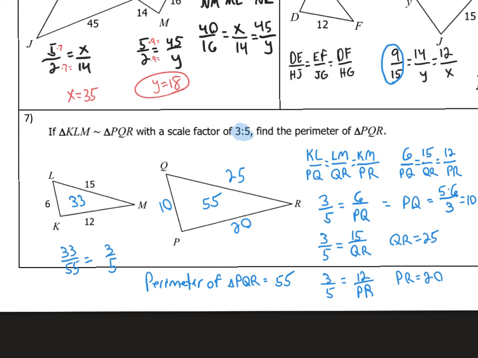The perimeters of two polygons that are similar are in the same scale factor as the sides, 3/5. So we could have much more quickly come up with this if we knew that, but sometimes you have to be shown it first. So there we go. That was awesome. Good luck in your quiz.